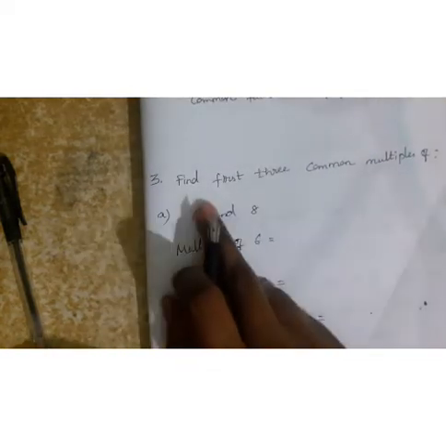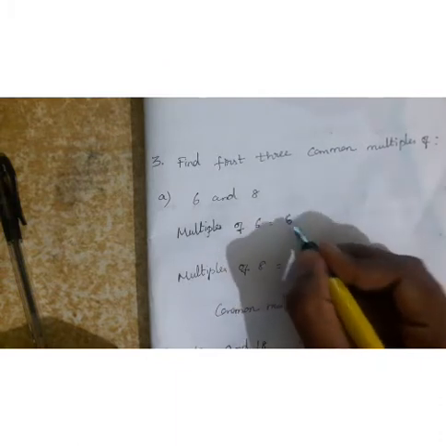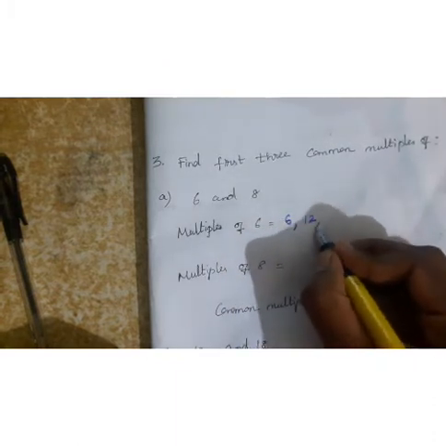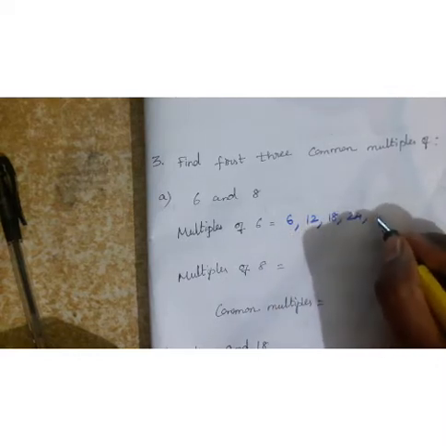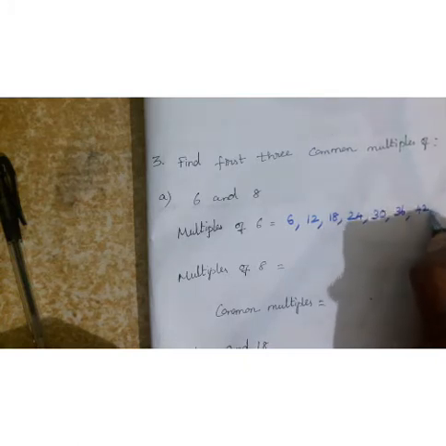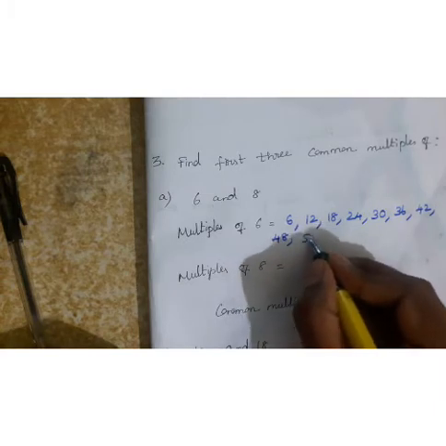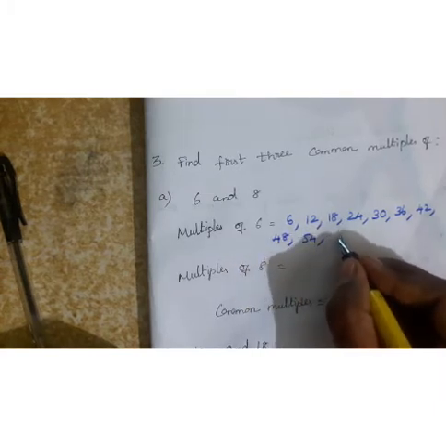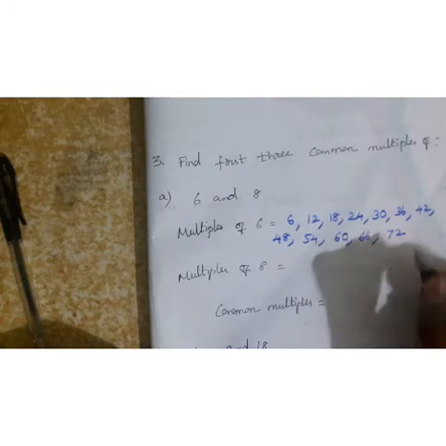Question number 3. Find first 3 common multiples of A part, 6 and 8. So multiples of 6 equal to 6 times 1 is 6, 6 times 2 is 12, 6 times 3 is 18, 6 times 4 is 24, 6 times 5 is 30, 6 times 6 is 36, 6 times 7 is 42, 6 times 8 is 48, 6 times 9 is 54, 6 times 10 is 60, 6 times 11 is 66, 6 times 12 is 72.